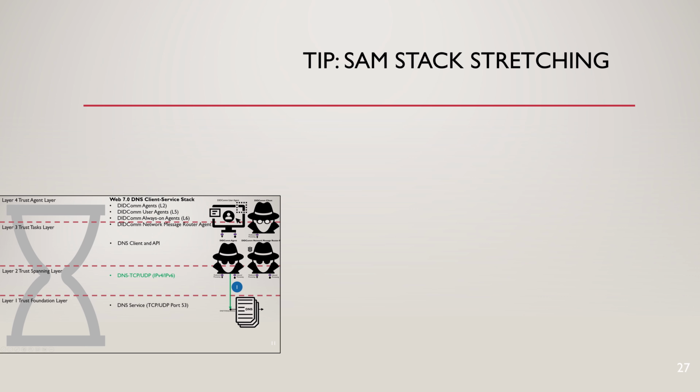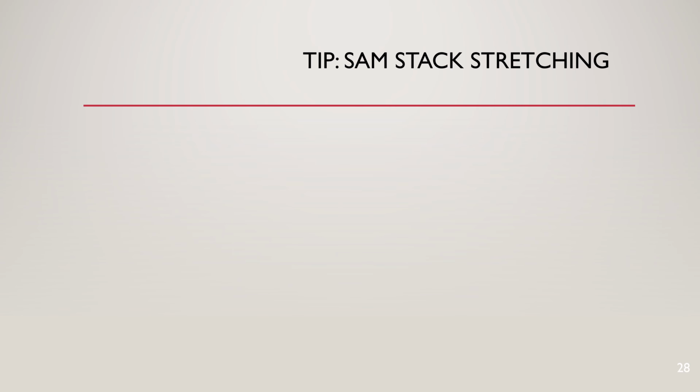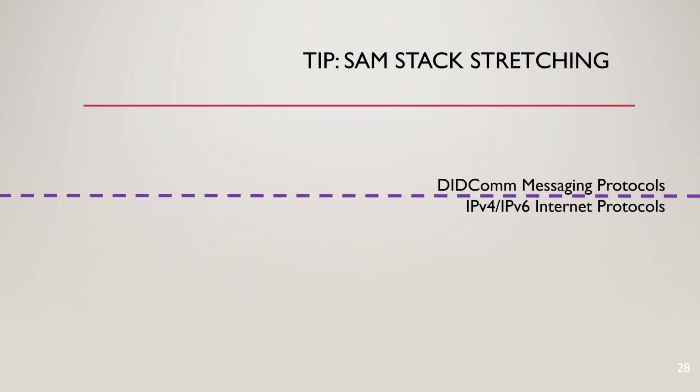So there's something we call SAMstack stretching, which is a technique you need to use sometimes during this stage of the synthesis process. So what we're going to do is essentially take that SAMstack and split it into 2. And we're going to introduce the purple line.